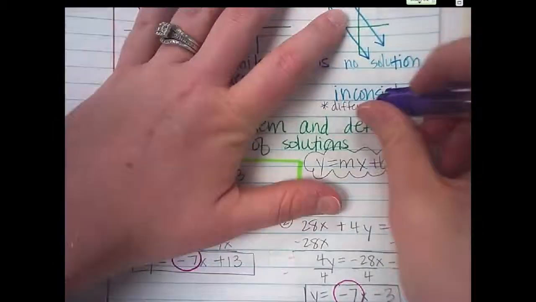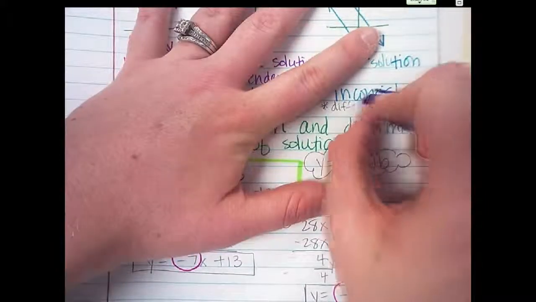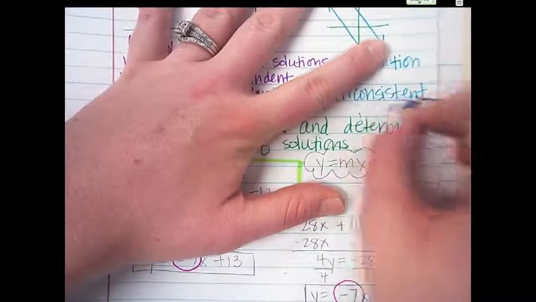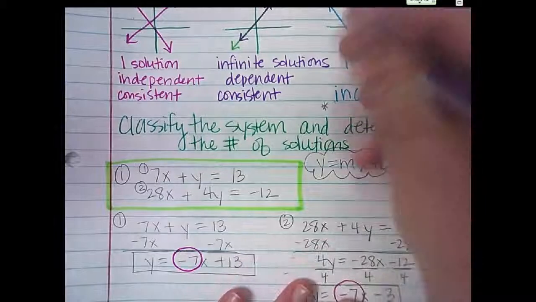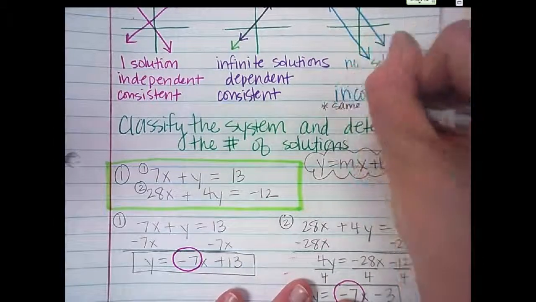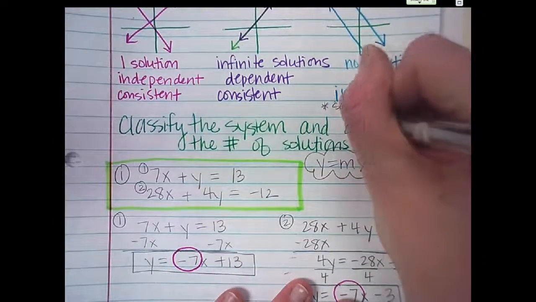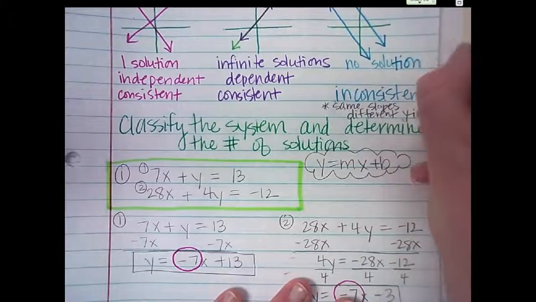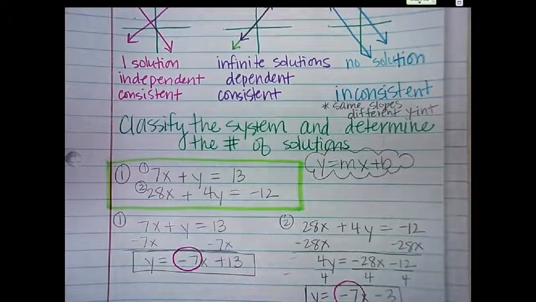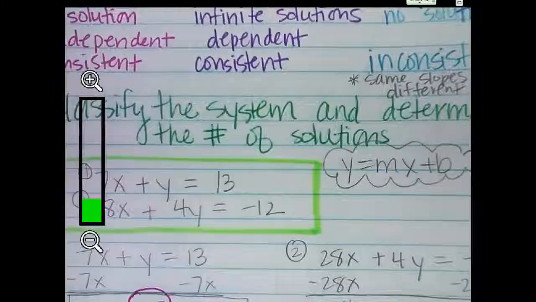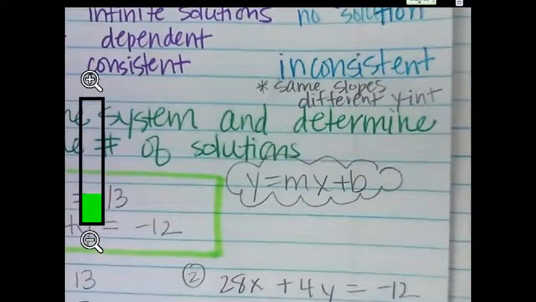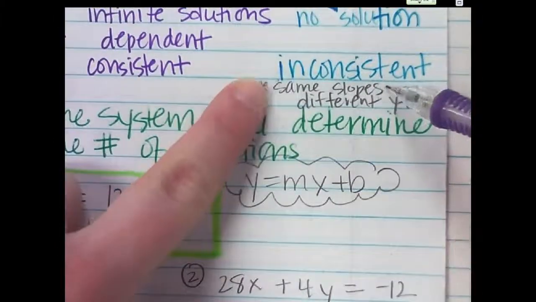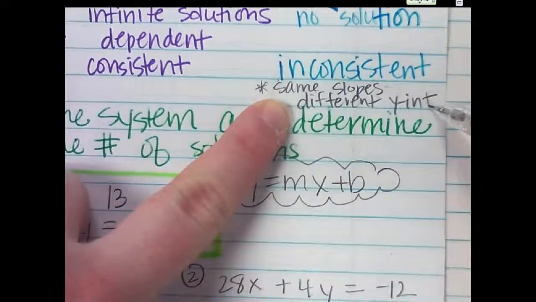Oh no. That is same slopes. That's my brain. That was wrong. Same slopes. Different y-intercept, what I wanted to say. And I'll zoom in a little bit. So on your no solution one, just under inconsistent, I put same slopes, different y-intercepts.